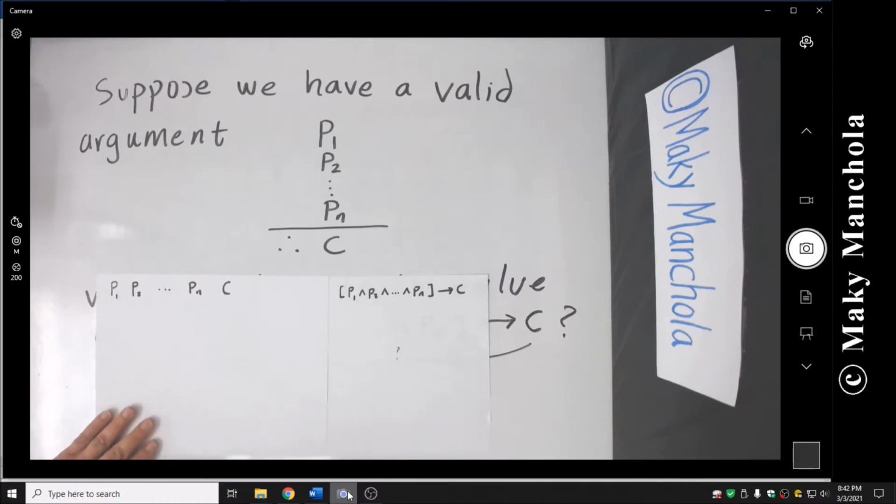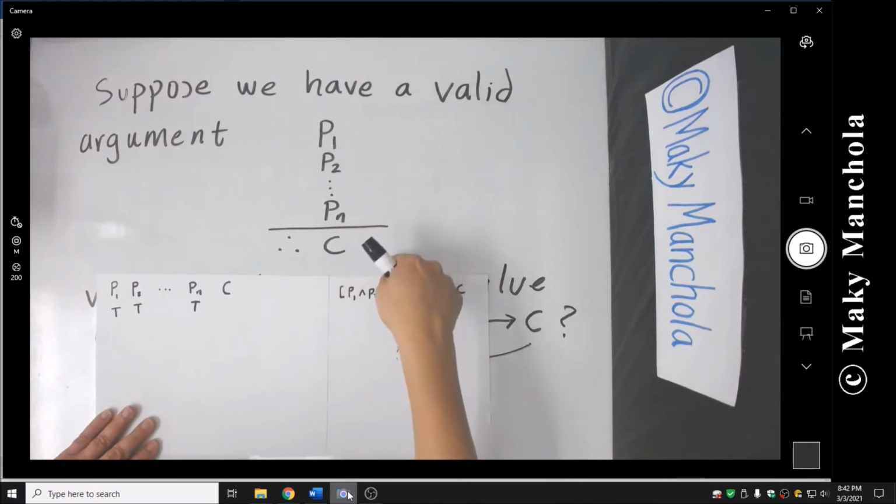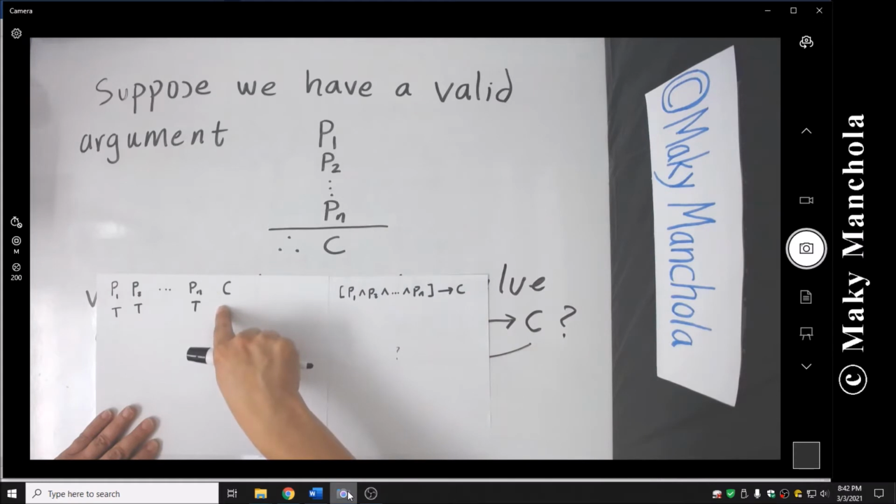Now, let's take a look at all premises being true. So suppose all premises are true. In that case, because our argument form is valid, we end up with C also being true.